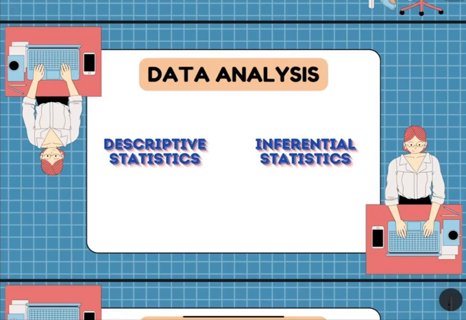Data analysis in research is a process in which gathered information is summarized in such a manner that it will yield answers to the research question. So you have your data, then you make a summary of your data, and then you answer your question.